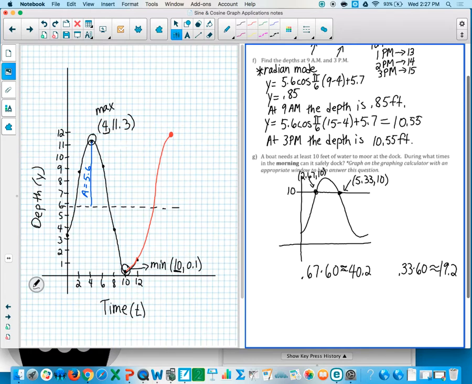So I'm going to say that it's going to be between 2:40 a.m., about maybe a little after 2:40 because it's 40.2, and about 5:19 a.m.